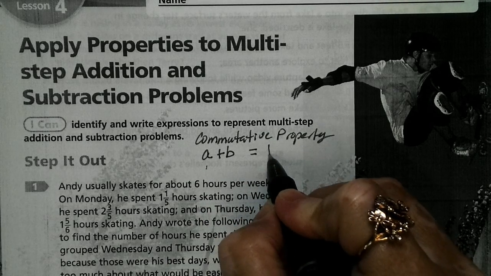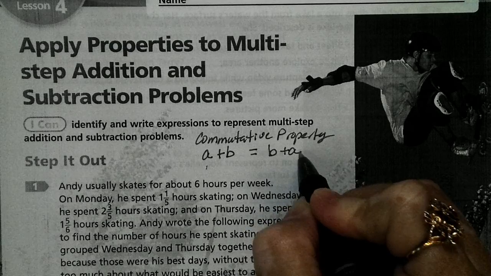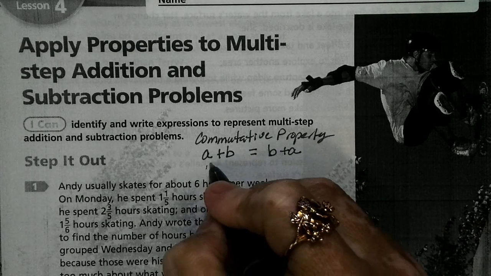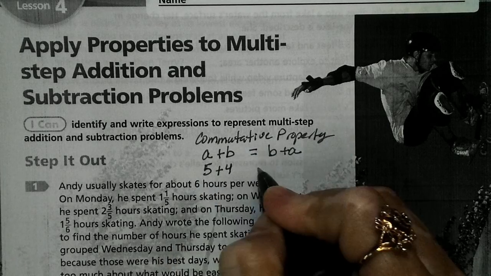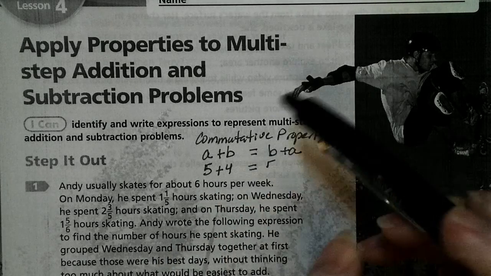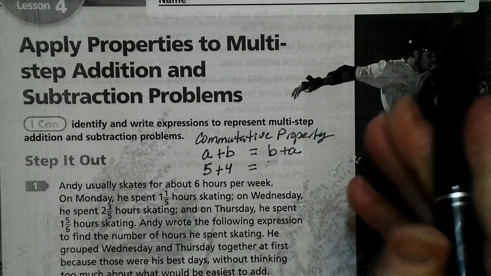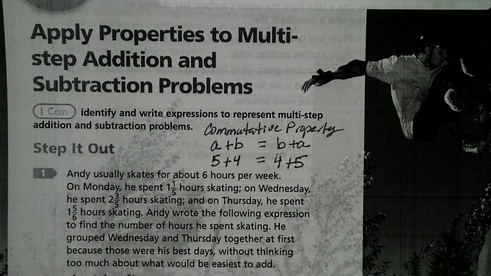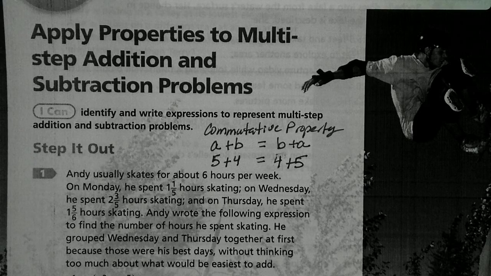If we rearrange that, it would equal B plus A. So for example, if I have 5 plus 4, I could rearrange that and say 4 plus 5, and we would get the same answer. Okay, so that is what the commutative property is.